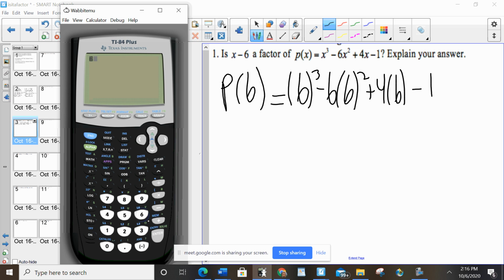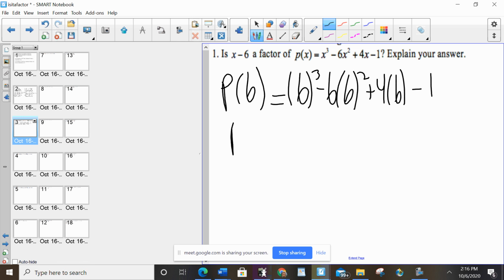So I'm going to do 6 store as x. I'll do it both ways. x cubed minus 6x squared plus 4x minus 1. Enter. So p of 6 equals 23.